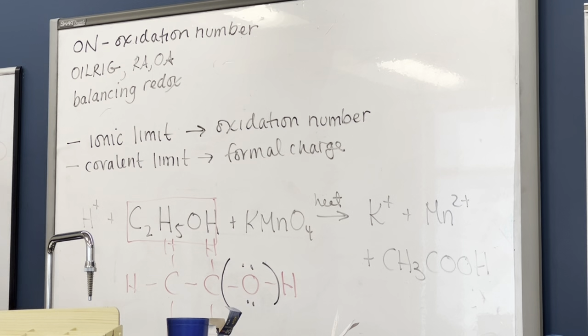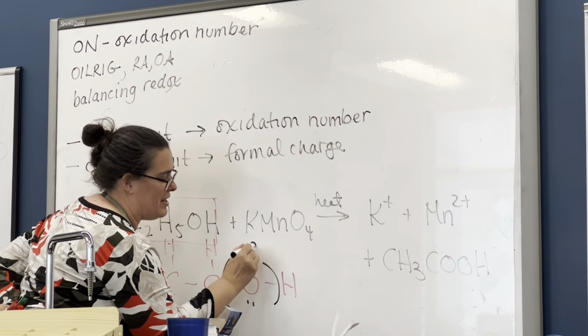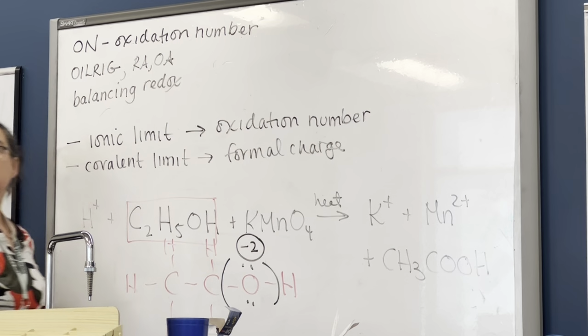And so what I've done is I've bracketed in those bonds because oxygen won those battles. So how many electrons does oxygen have in this picture? Total, 8. And it should have 6. And so oxygen right now has an oxidation number of -2.